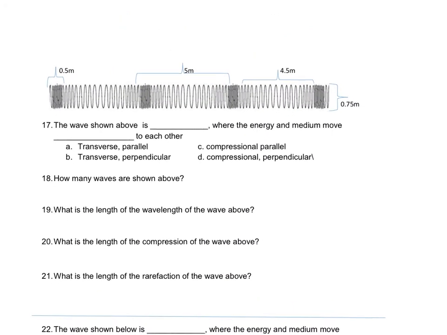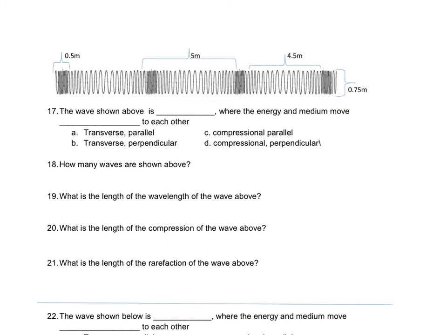Okay, so here on number 17, we are looking at a wave that's got these very dense regions here, here, here, and least dense regions in between. So looking at this wave, I know that this wave is a compressional wave, also known as a longitudinal wave.